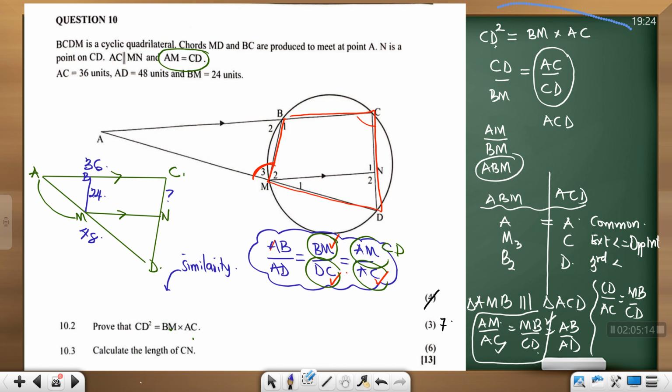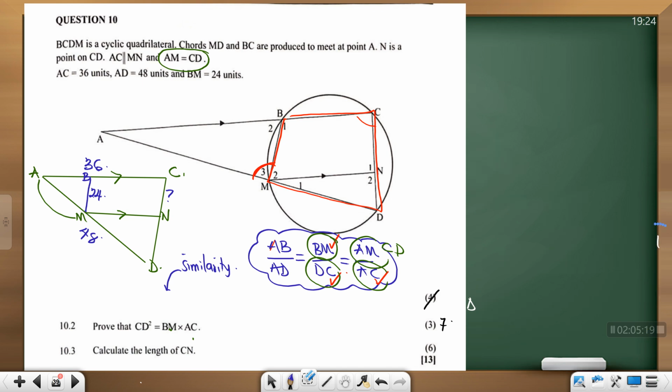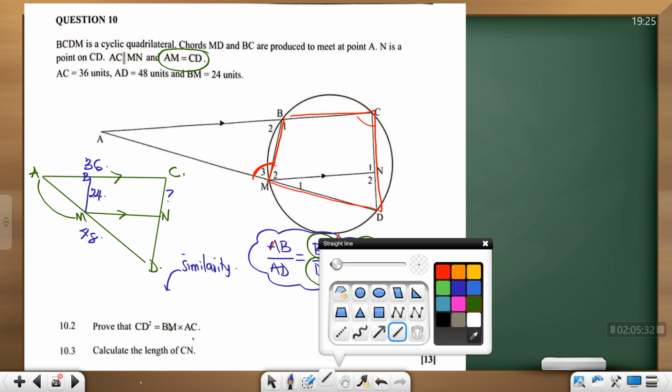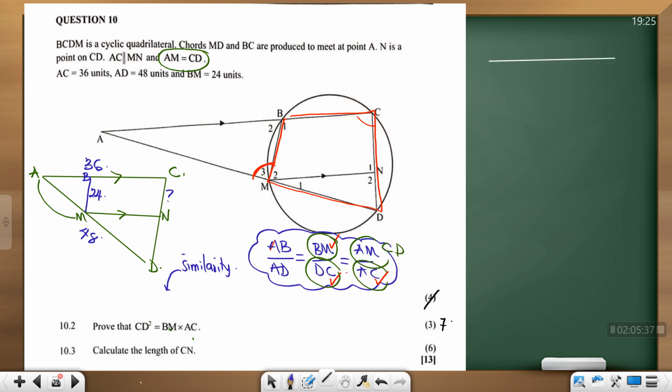All right, my good learners, this is the first thing coming to my mind. We have a triangle with parallel lines, right? And if I have a triangle with parallel lines, what can I use? Proportionality. Let me draw it out for you again. Just keep your eyes on it, it gets messy, that's why I want to keep drawing. I have that, and I have that, and I have a parallel line.